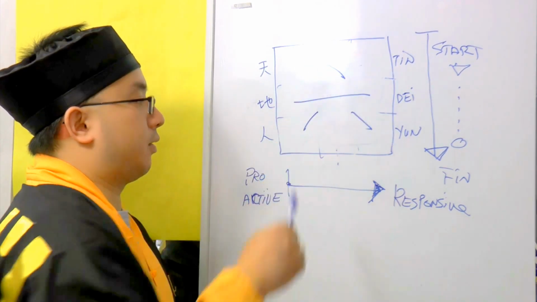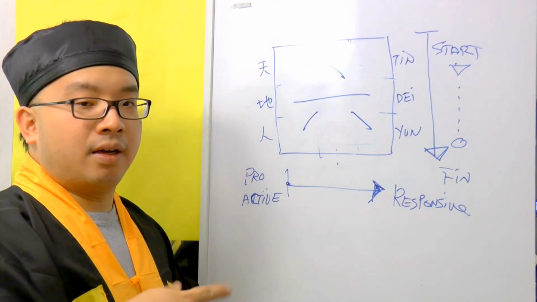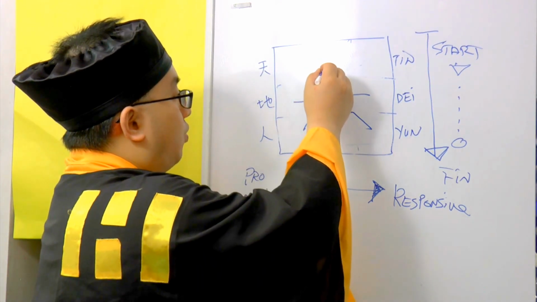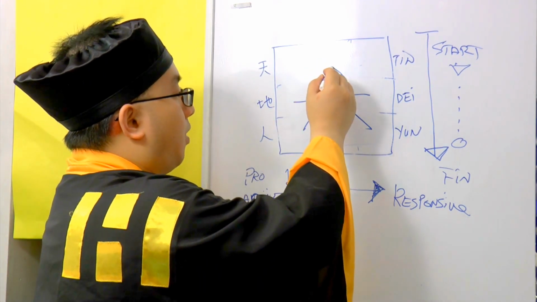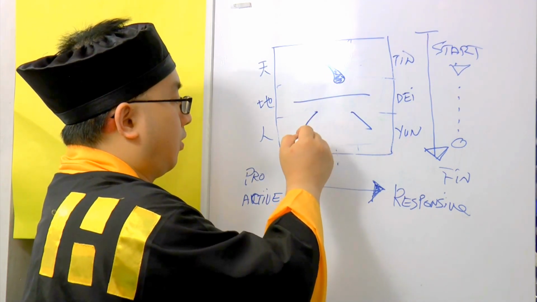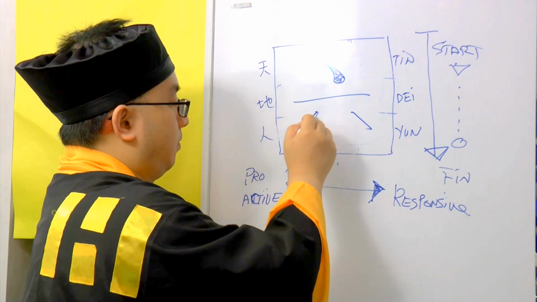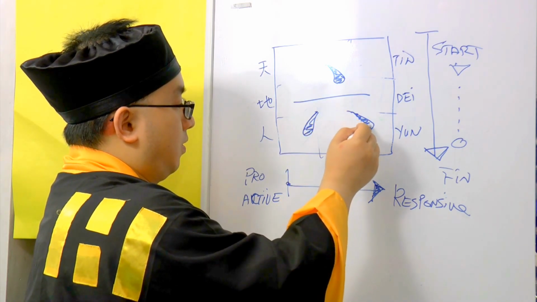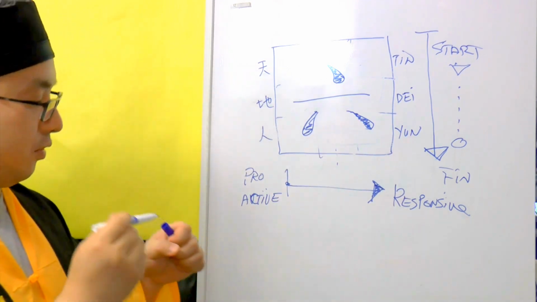Now this kind of dot, when you see it in calligraphy, it always looks like this, like a raindrop. Now this one is also a raindrop. Kind of cute.